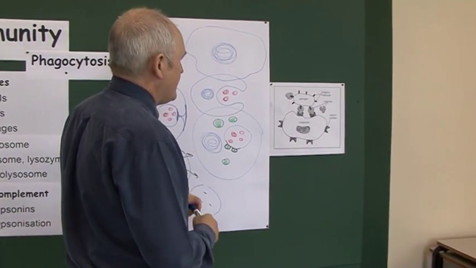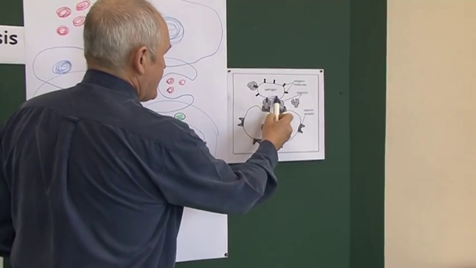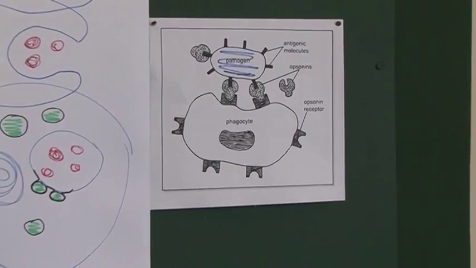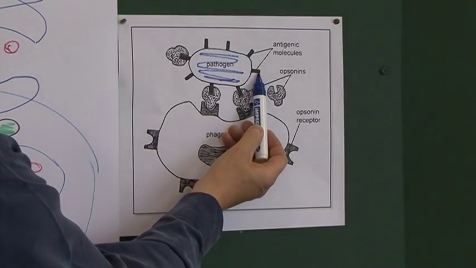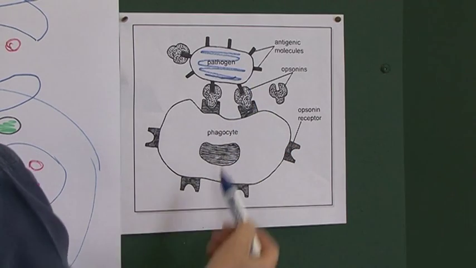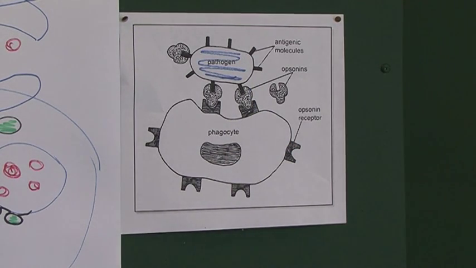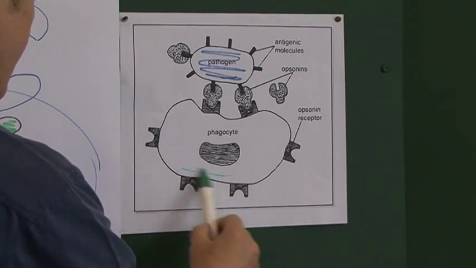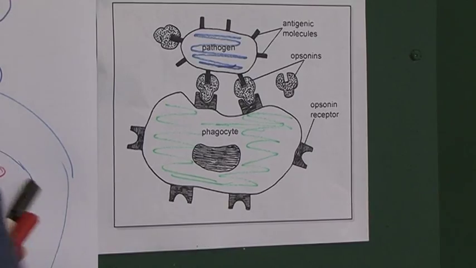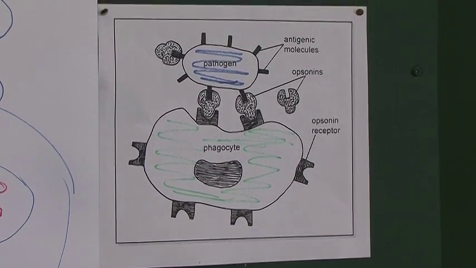Here we have the pathogenic microorganism which is causing the infection. And it's got specific recognisable antigenic molecules on the outside of this. And here we have the phagocyte waiting to do the phagocytosis, the ingestion and the digestion.